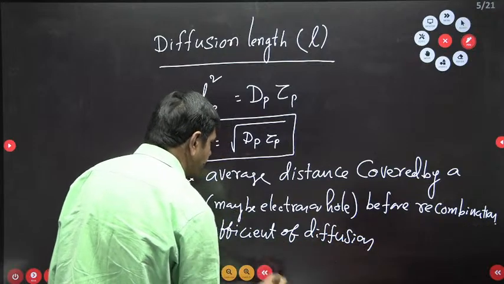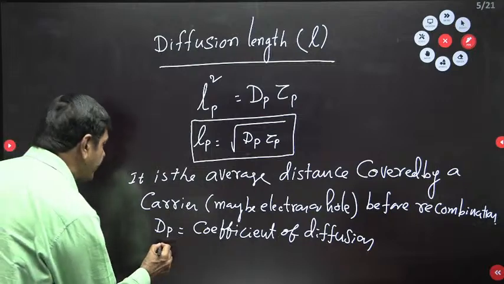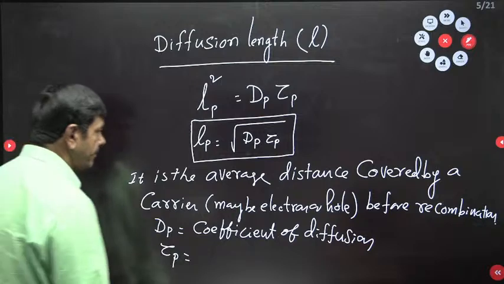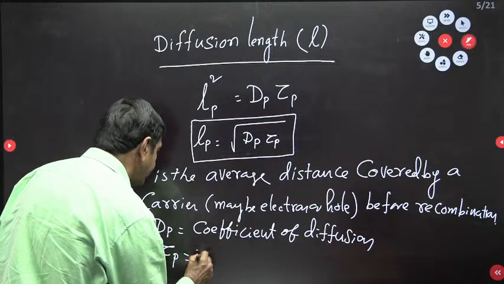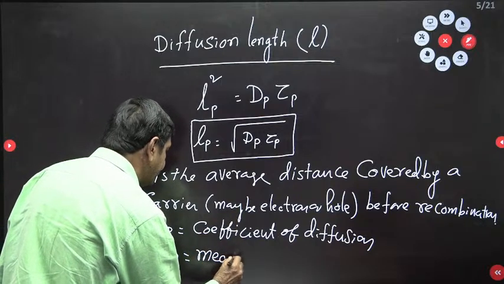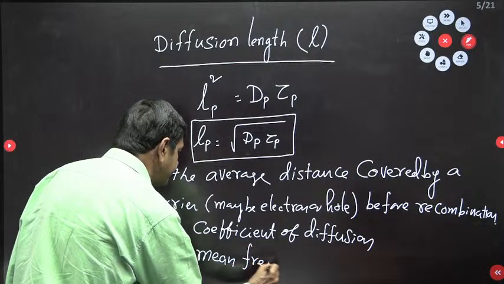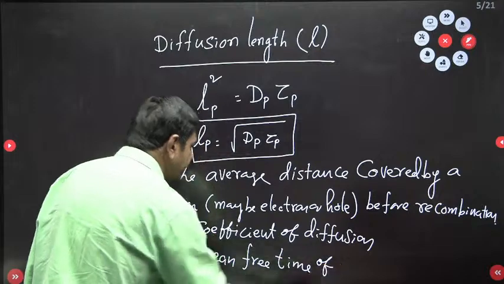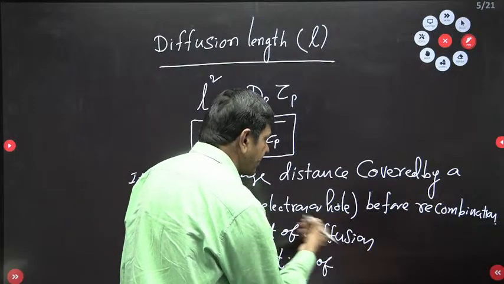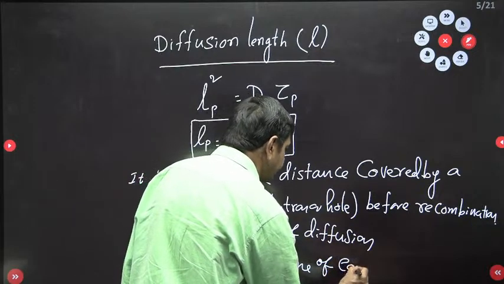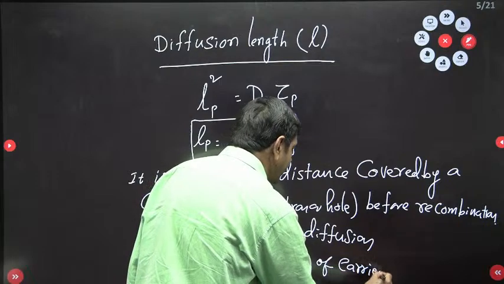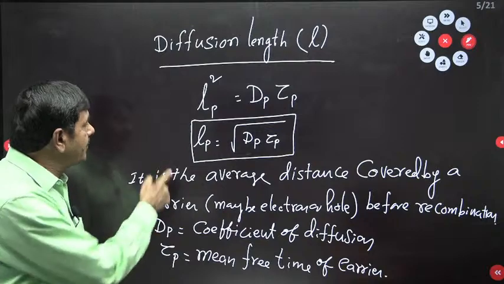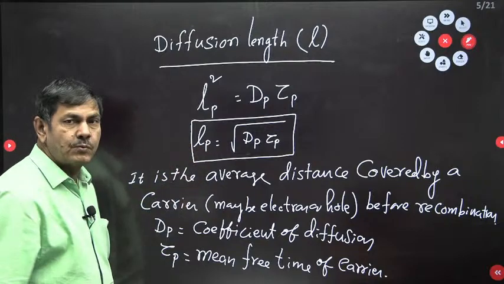Tau p is nothing but the mean free time of the charge carrier. That carrier may be an electron or a hole. The formula is applied for holes only.